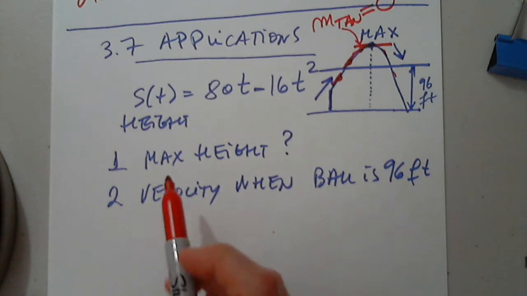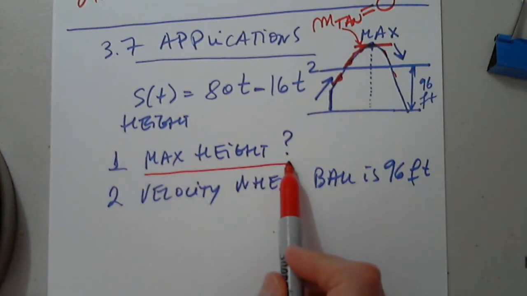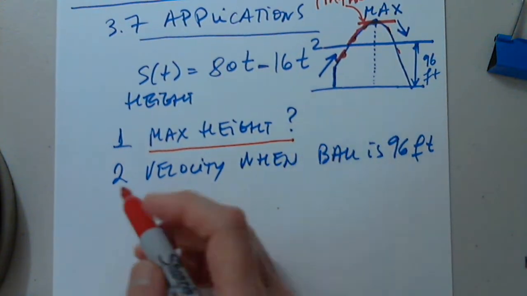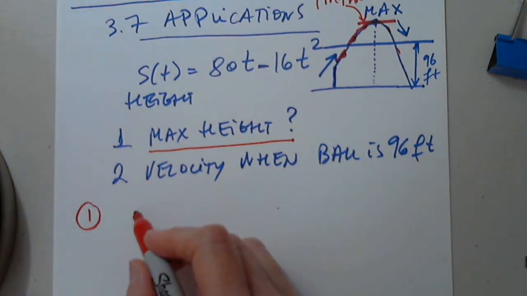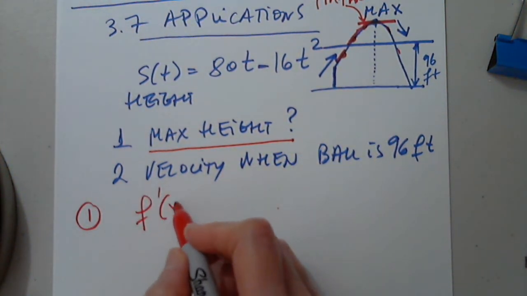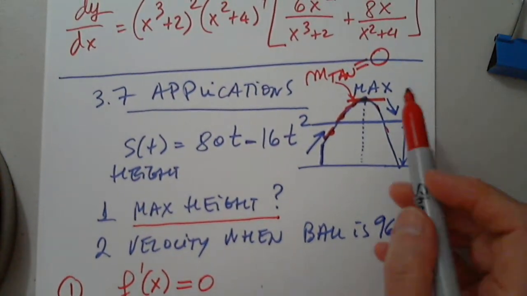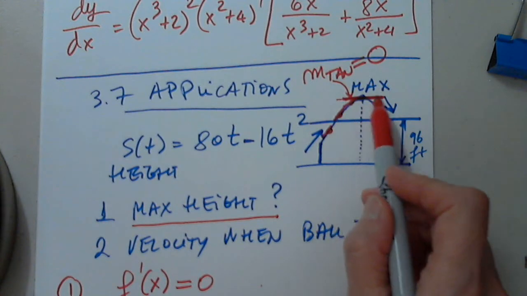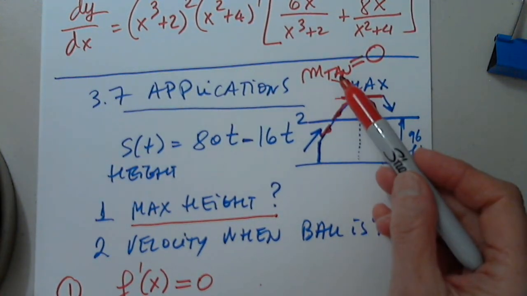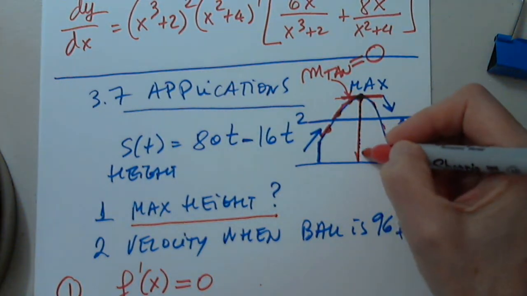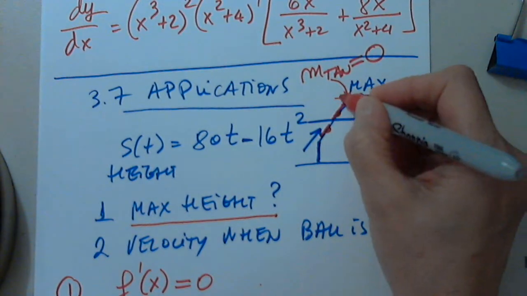Okay, how will I determine the maximum height? Not with algebra. The maximum height will be determined by setting the derivative equal to 0. How come? When I set the derivative equal to 0, because that's the slope of the tangent, I will find this x value. And then I can determine the y value.